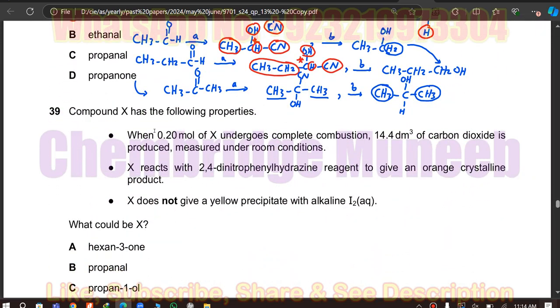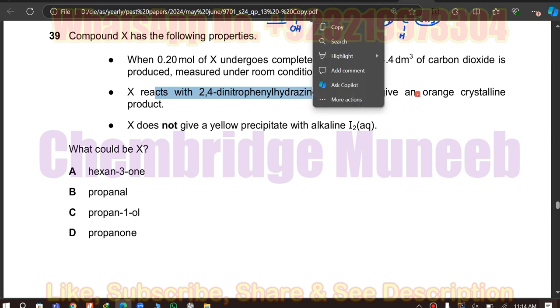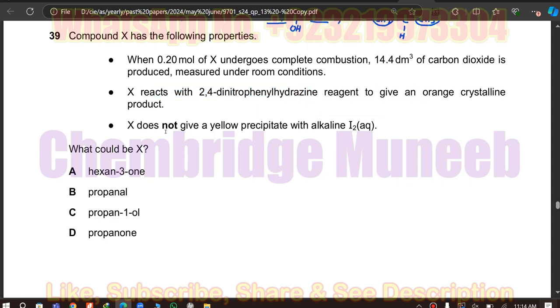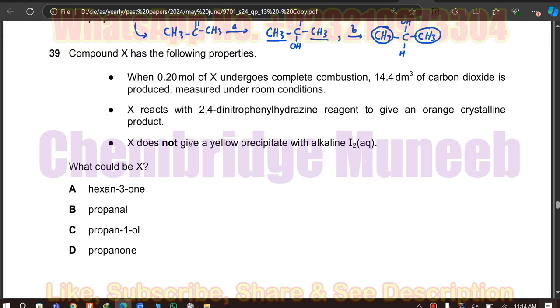Compound X has the following properties. X has 0.2 mole. When it completely reacts, it produces 14.4 dm³ of carbon dioxide, and X reacts with 2,4-DNPH to give an orange crystalline product, and X does not give a product with alkaline iodine. So we need to find which of these is the compound X. We can now do some checking.